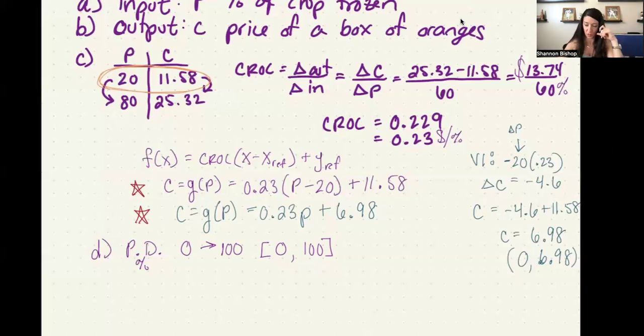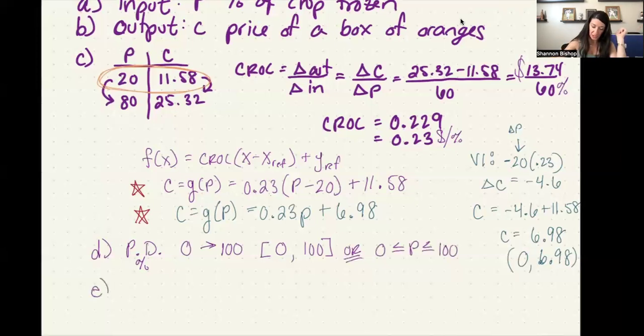Those are definitely the two extremes. Or if you wanted to use inequality notation, you would say 0 is less than or equal to the input variable, which is P, which is less than or equal to 100 on the upper end. So that's how we could identify a practical domain. And I justified my reasons along the way.